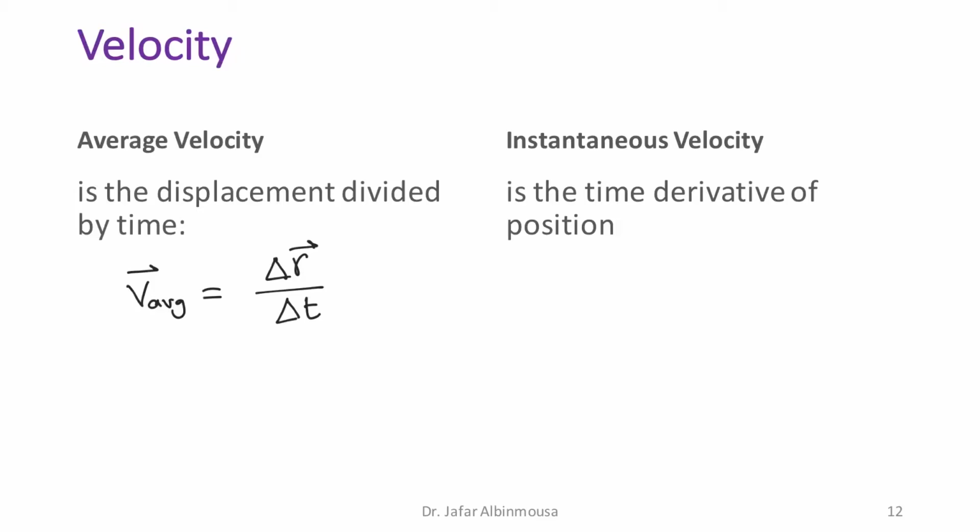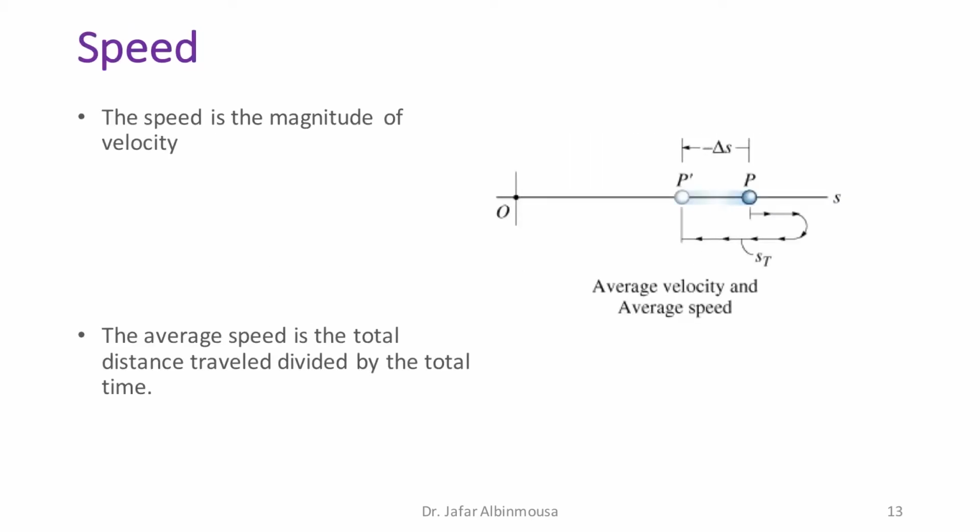So if we want the instantaneous velocity, it is the limit when delta T goes to 0 of delta R over delta T, which is equal to dr over dt. So this is known as the instantaneous velocity.